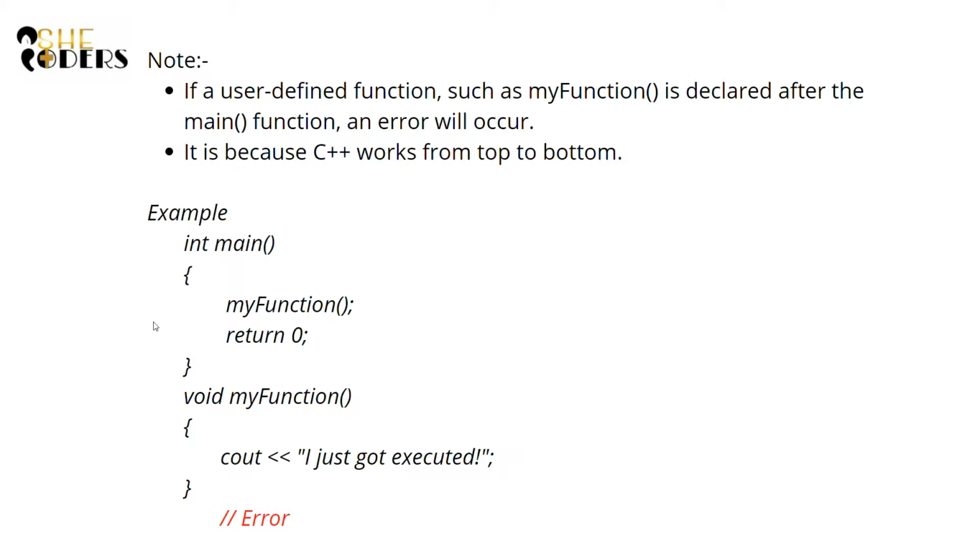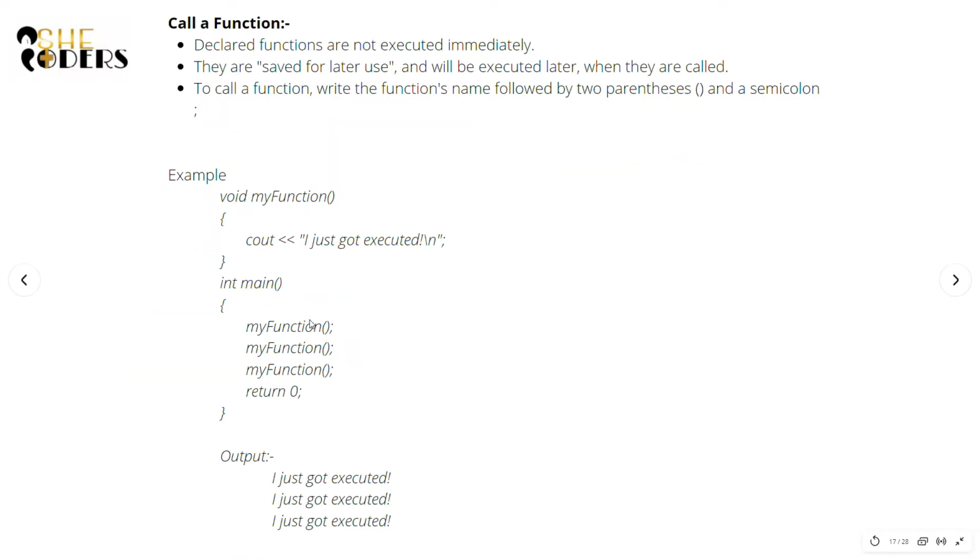Another important thing that you should keep in your mind is that the function declaration should be before the very first function call. It doesn't matter how many times you call the function, but before the very first call, the function should be declared and defined. As you saw earlier, here you can see I have defined my function before calling it for the very first time.